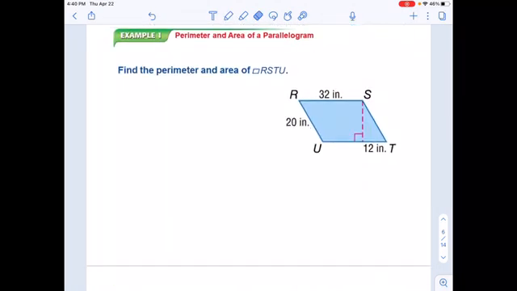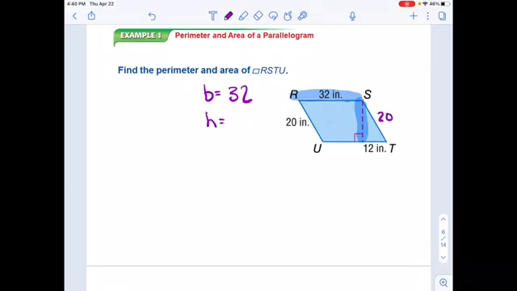So find the perimeter and area of this parallelogram RSTU. So first thing we need to do is we need to take our base times our height. The problem is we don't know what our height is. So we need to solve for that. The best way to solve on this problem is to go ahead and just use Pythagorean theorem to solve, we'll call it h I suppose, to solve for the height.